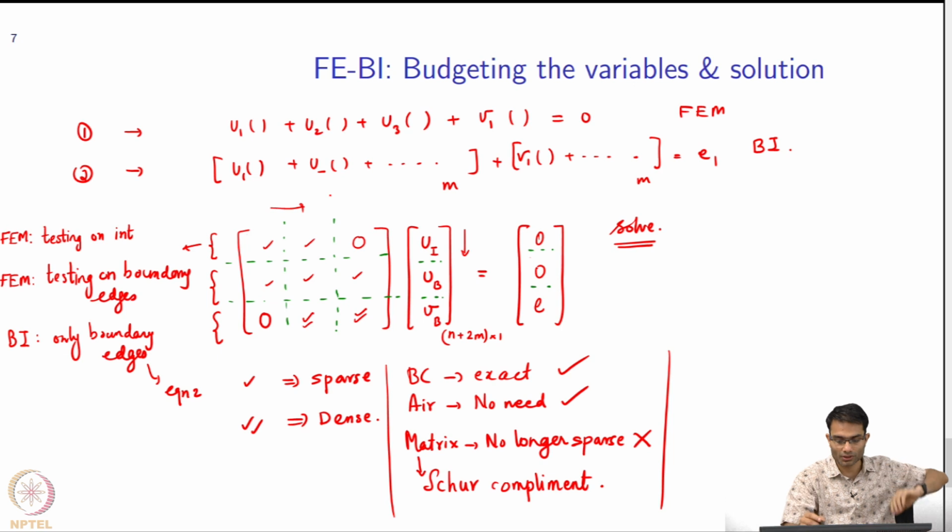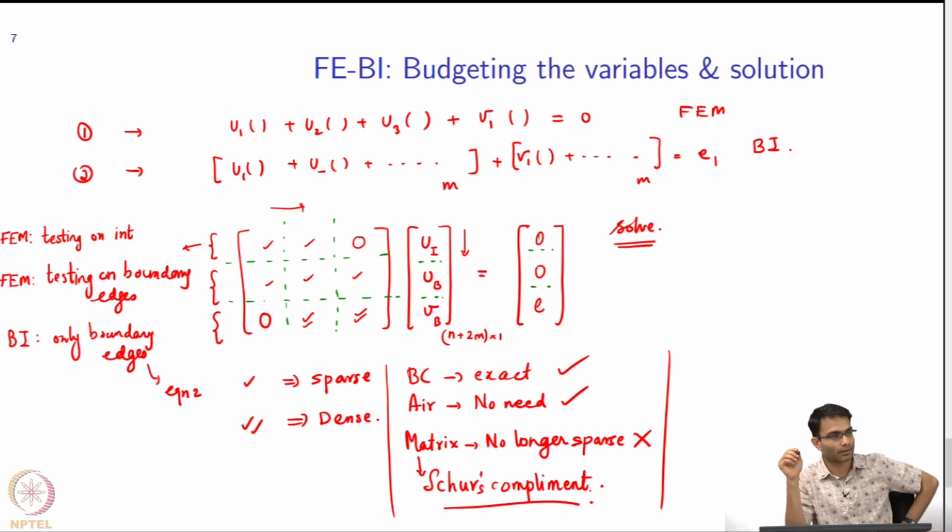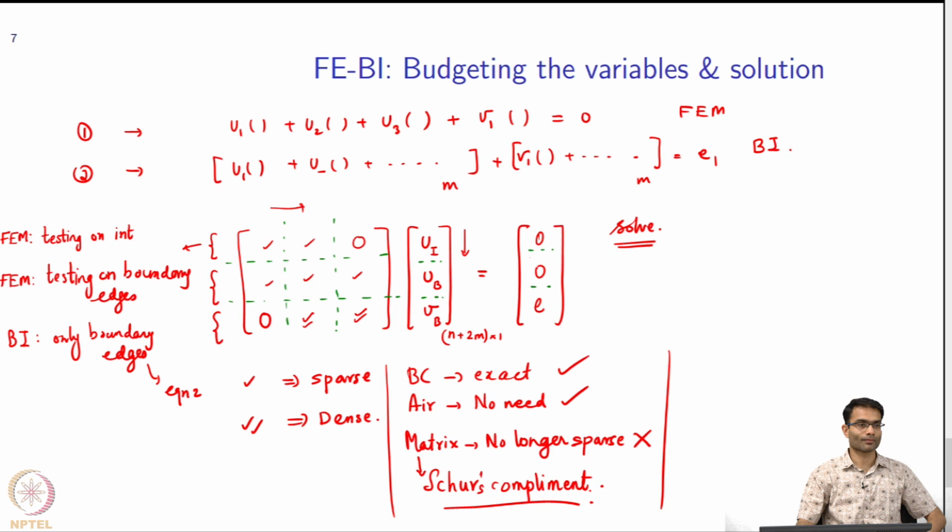So this Schur complement is one way of leveraging this. I will not cover it, but you can look up Schur complement online. When you see it, you will realize it's very different from Schur decomposition. Anyway, that is a separate part.